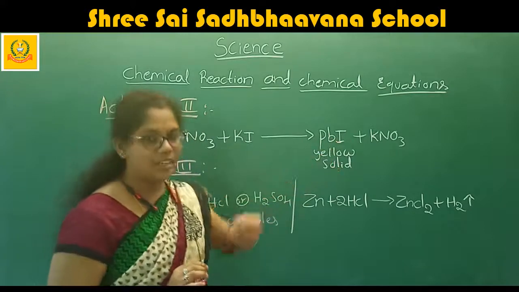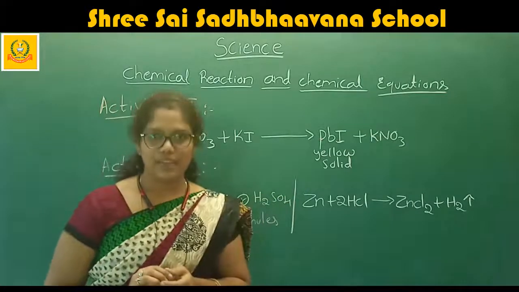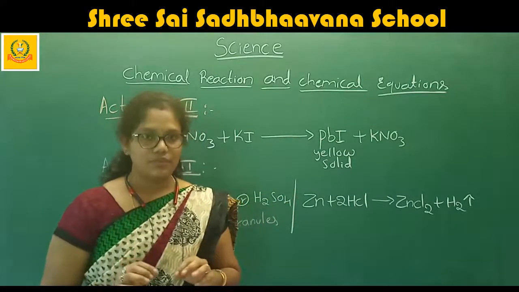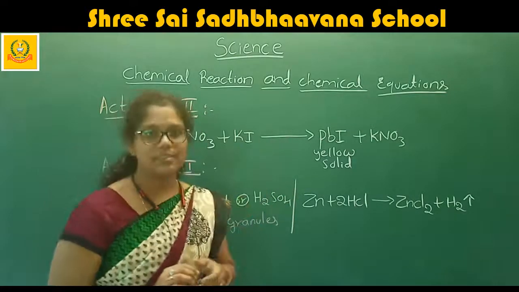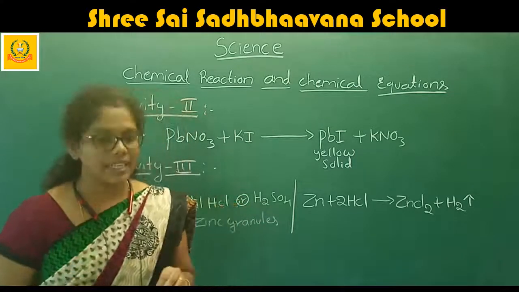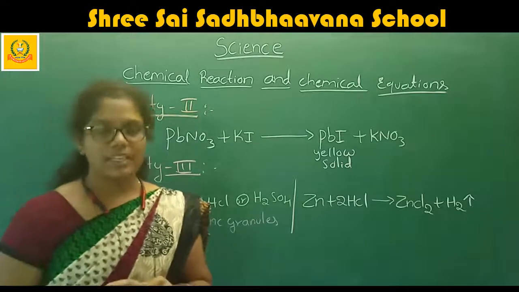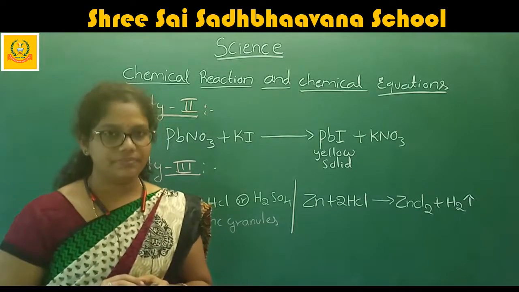KNO3 is potassium nitrite and PbI is lead iodide. The interconversion from liquid to solid takes place. This is one of the activities to explain that change of state also takes place in chemical reactions.